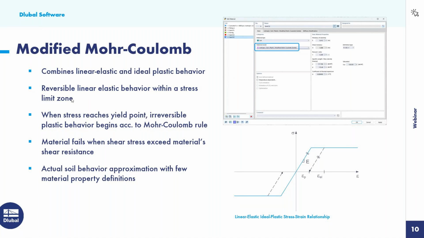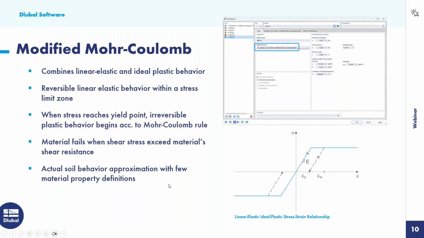But when that stress reaches the yield point, then that's when the irreversible plastic behavior is going to begin. And this is all according to the Mohr-Coulomb equations. The material will also fail when the shear stress exceeds the material's shear resistance. And these 3 points can be summed up here with the stress strain diagram for this material model type.